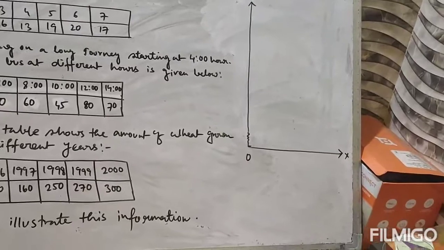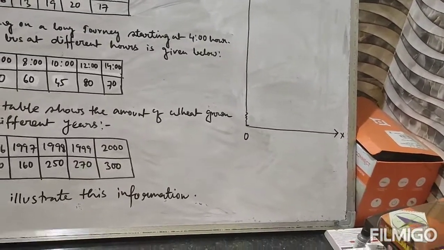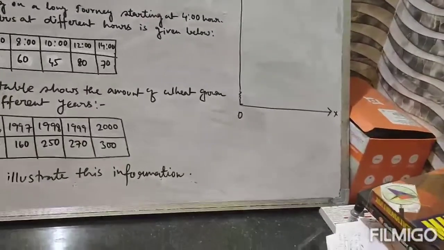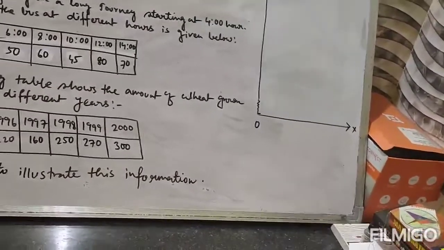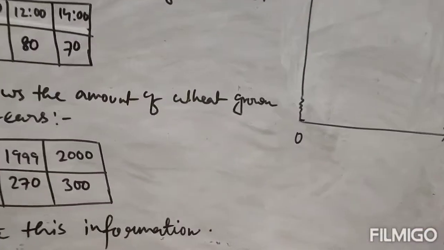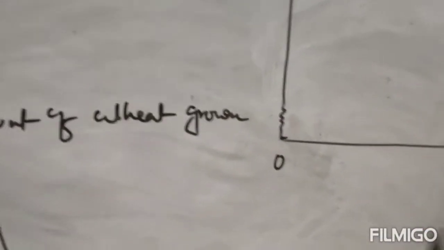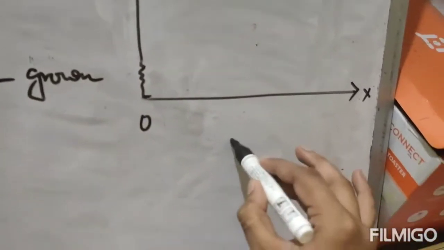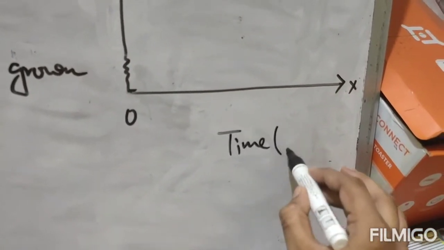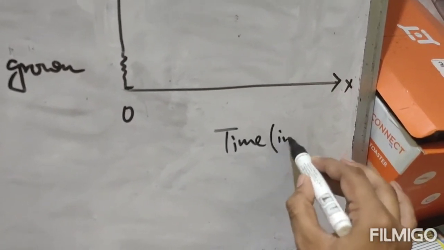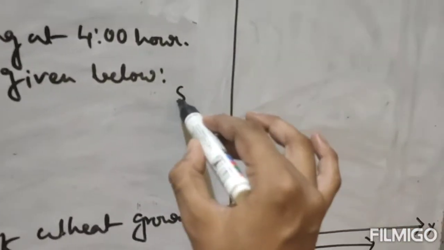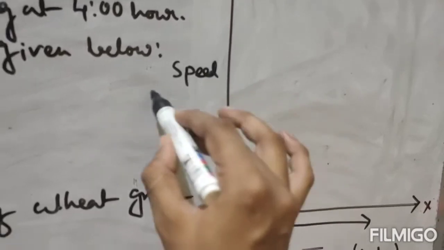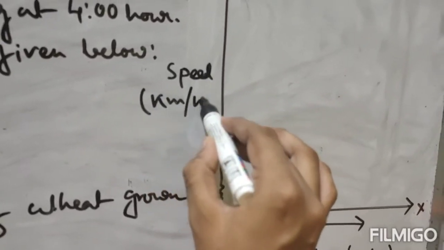Next, in the x-axis we will plot the time, which is given in hours, and in the y-axis we will plot the speed, which is given in kilometers per hour.